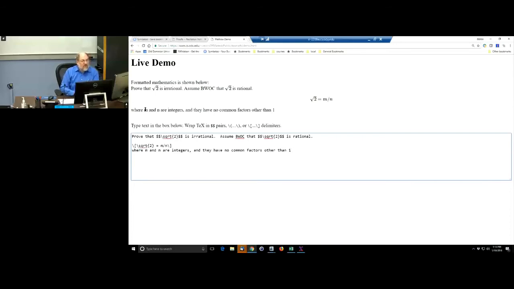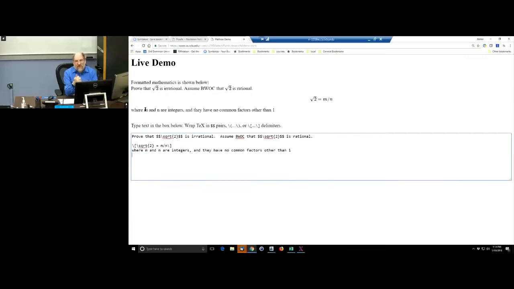What's more, I can rule out the possibility that n could be 1. Because if n were 1, then I'd have m divided by 1, which means the square root of 2 is an integer. So let's rule that possibility out first. I can do that by enumerating the integers up to 2 and asking, are you the square root of 2?